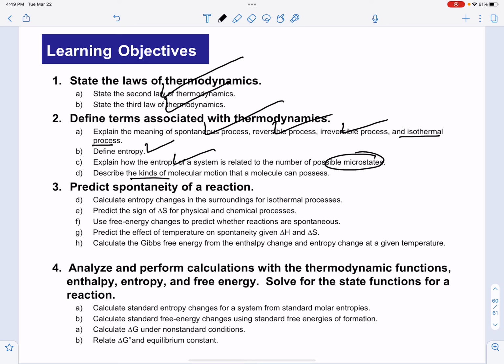We saw how entropy can be figured out by looking at the structure and seeing how many atoms, how big the molecule is, looking at the Lewis structures and the shape, and seeing the different types of movement that the molecule can do. The more possibilities of movement, the higher the entropy.